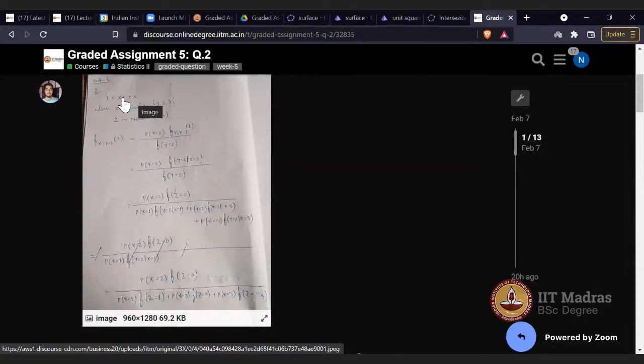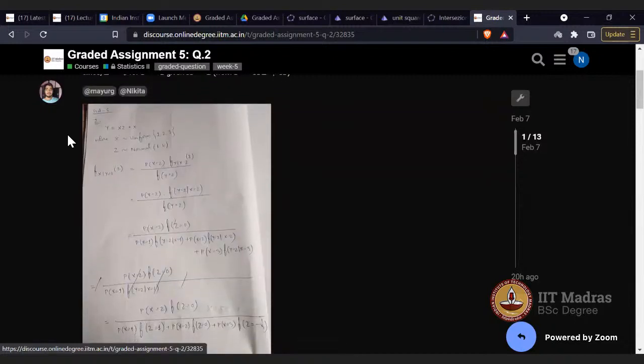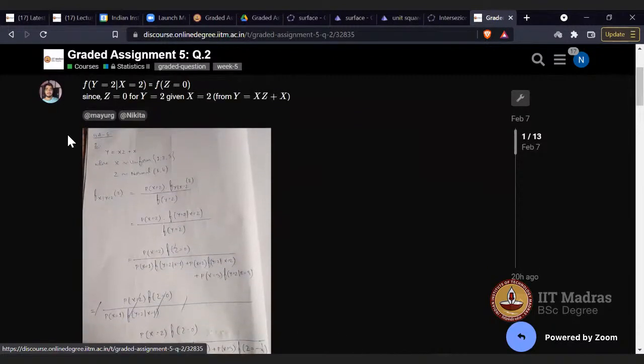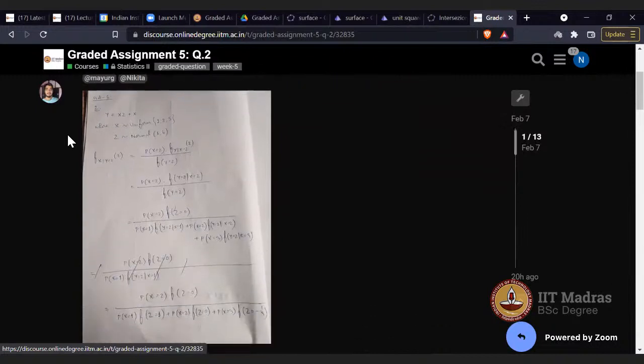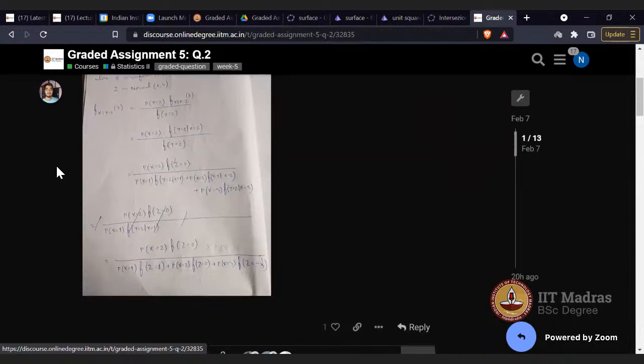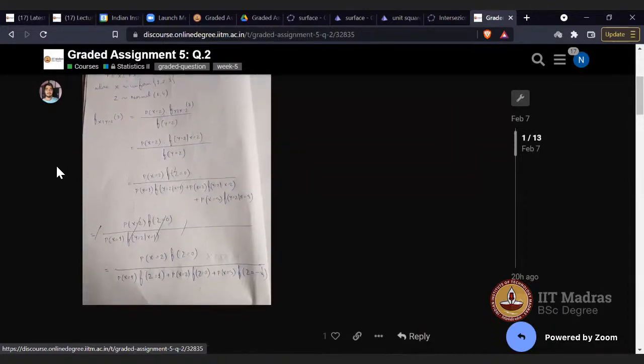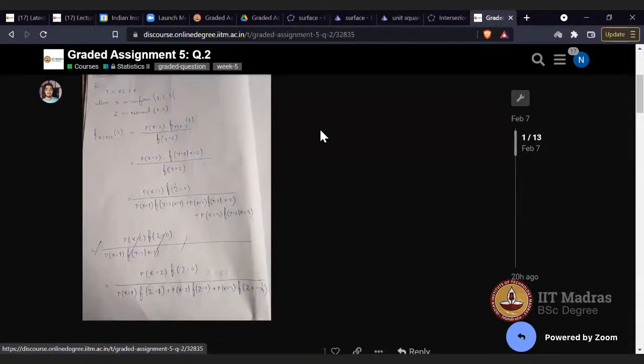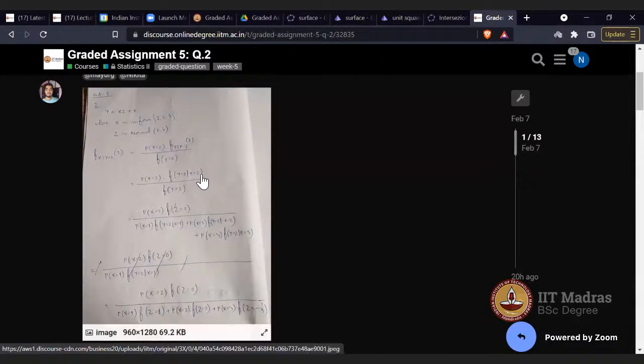That is what it means. Ma'am, in case of probability, we can write it, right? This is probability only, and that is density. So you cannot substitute the values of x and y and say it is equivalent to z equals this.